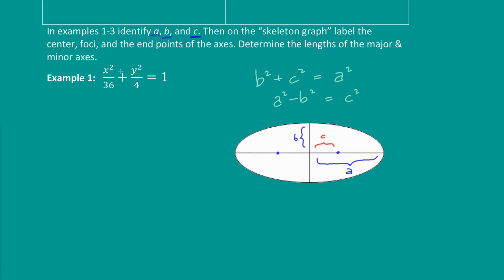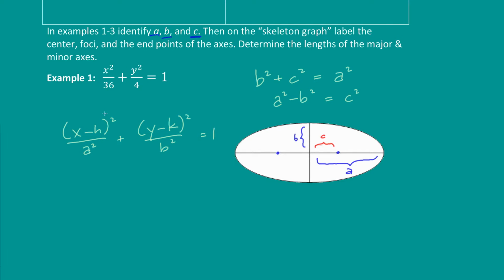So let's look at our graph. Our first example, we have to compare it to (x minus h) squared all over a squared plus (y minus k) squared all over b squared equals 1. Do I have an h and a k?